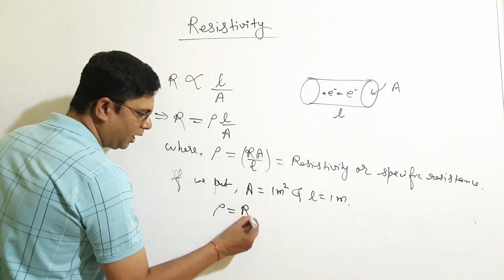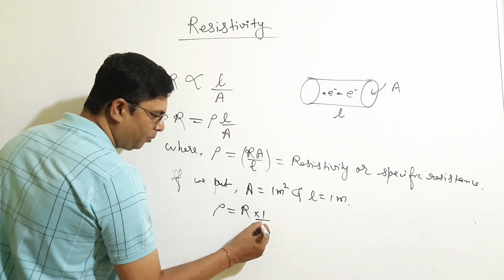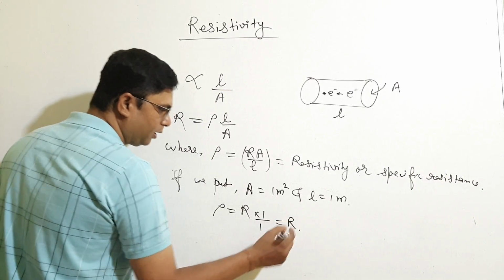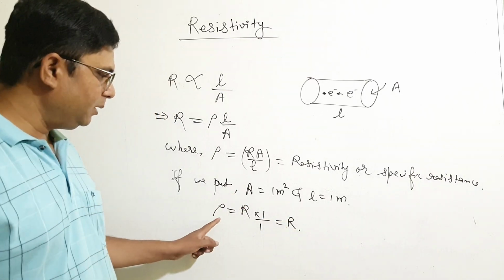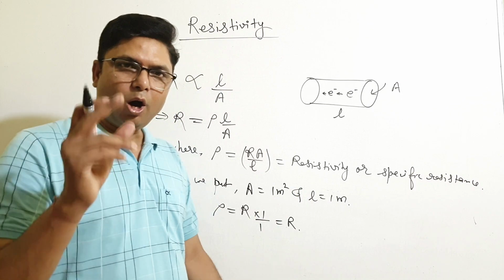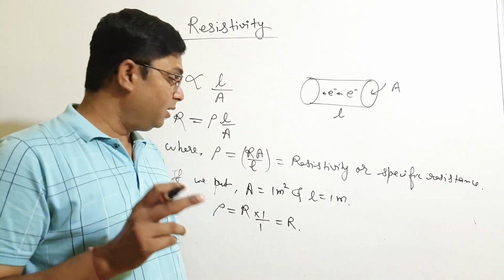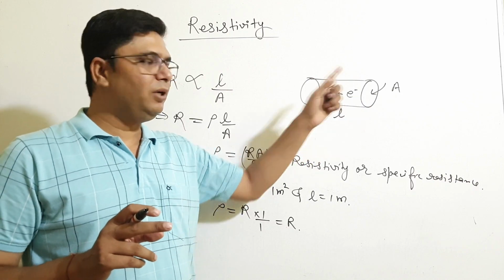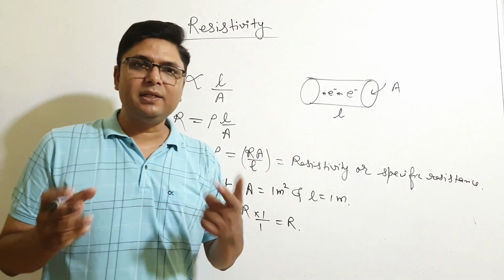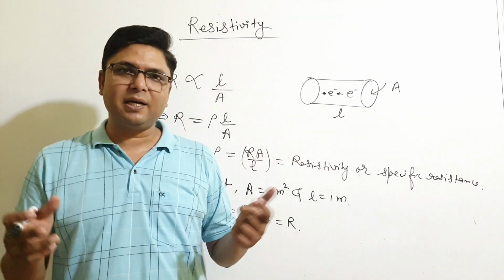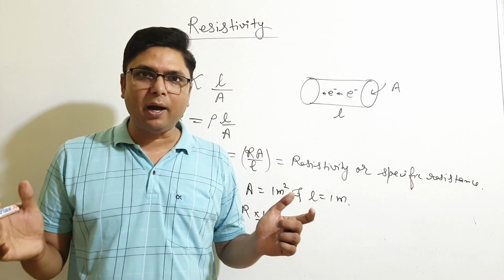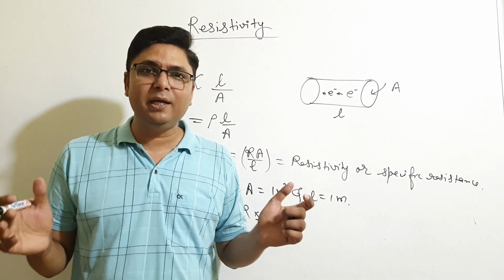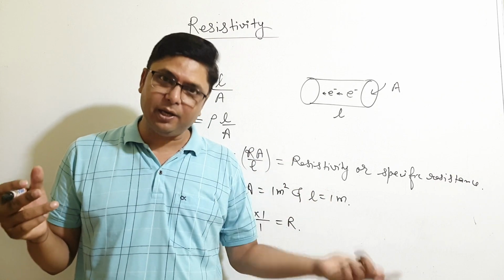Rho equals R into 1 upon 1, which equals R. So resistivity is the resistance offered by a conductor of unit length and unit cross section area.